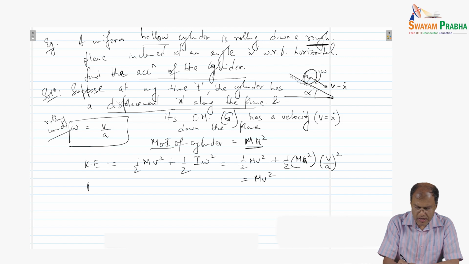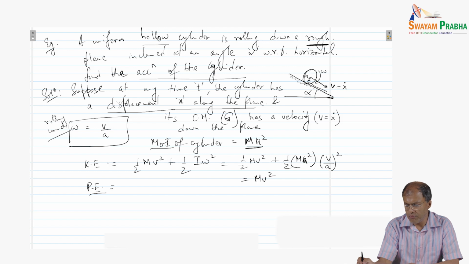Now, similarly, we can write the potential energy of the cylinder. Remember, our system is the cylinder, right? So if this distance moved is x, at any given point of time we can draw the triangle.